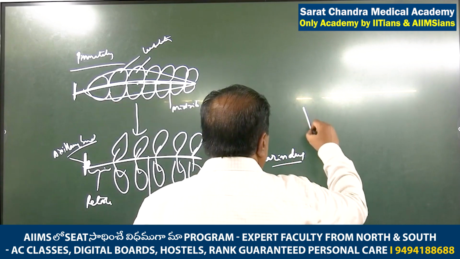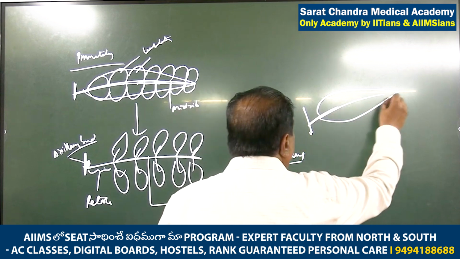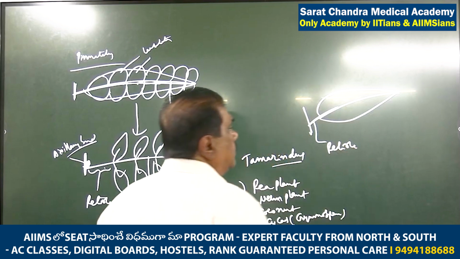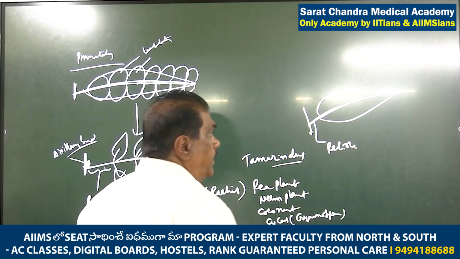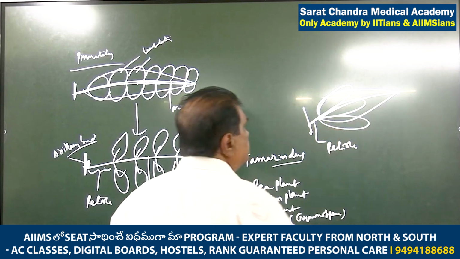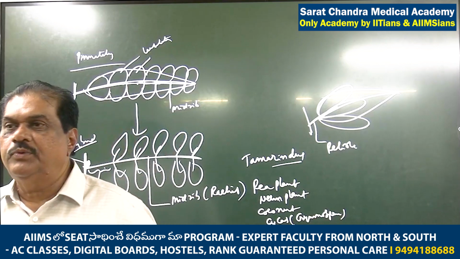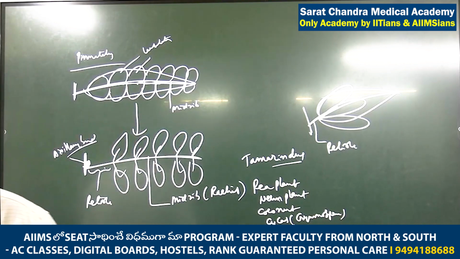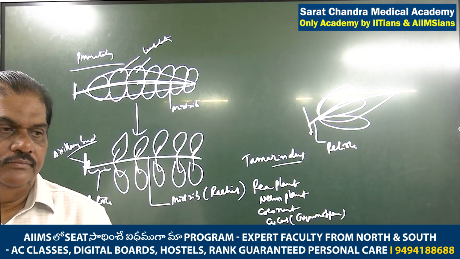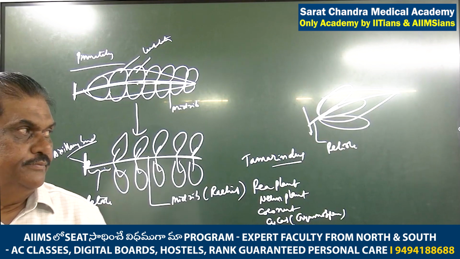So this is a simple leaf, this is the midrib, and this is called the petiole. The incision of the lamina takes place up to the tip of the petiole like this and forms leaflets. That is called palmately compound leaves.